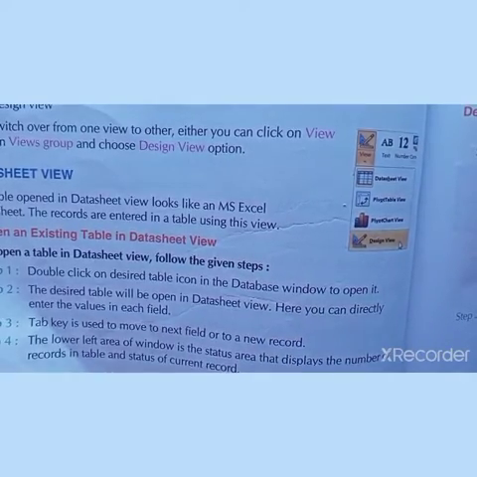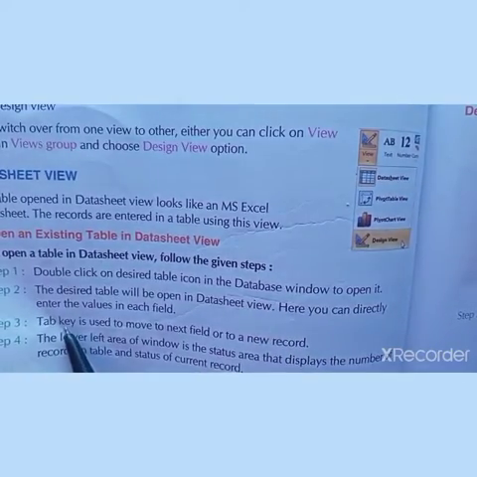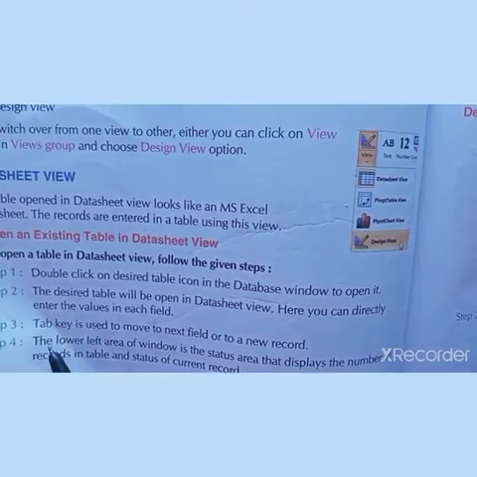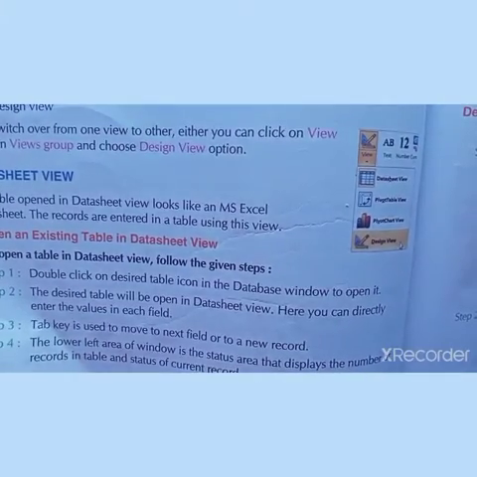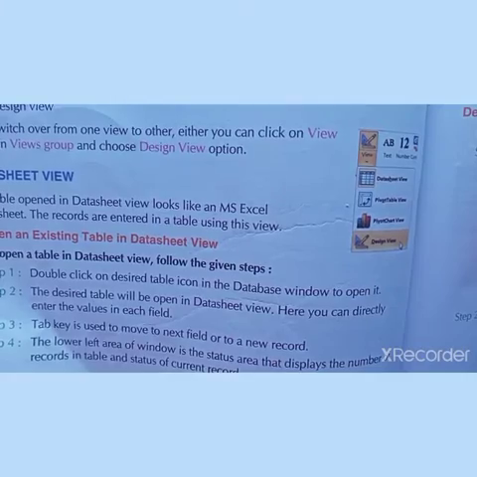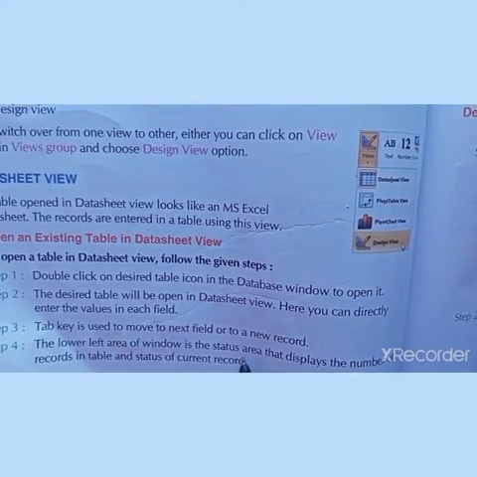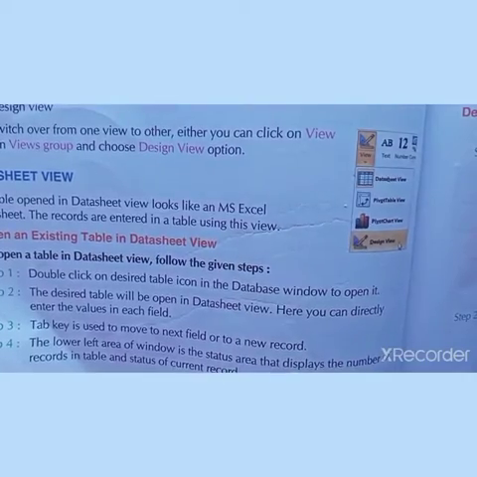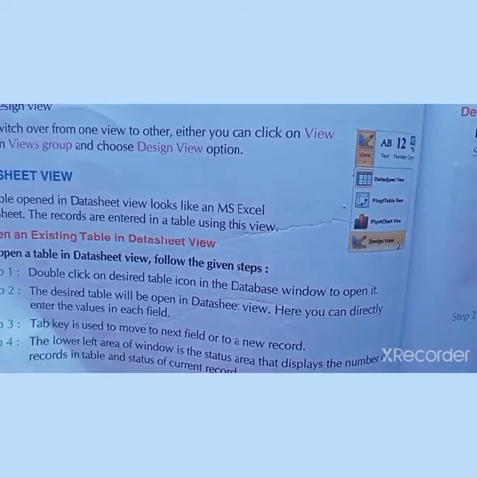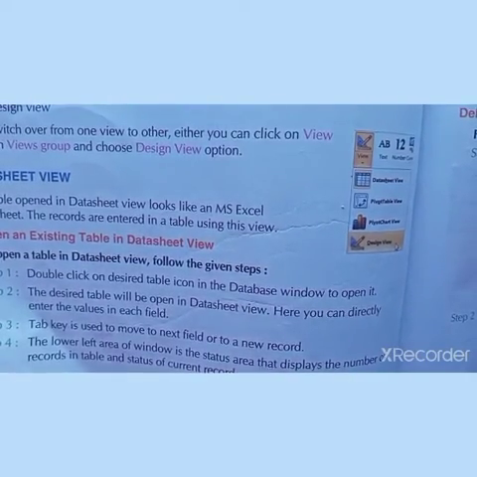And to move on to the next field, we will be making use of the tab key. Tab key will help you to move from one field to another. The lower left area of the window will have a status area that will show how many records you have in your table. Let us see how it looks like.